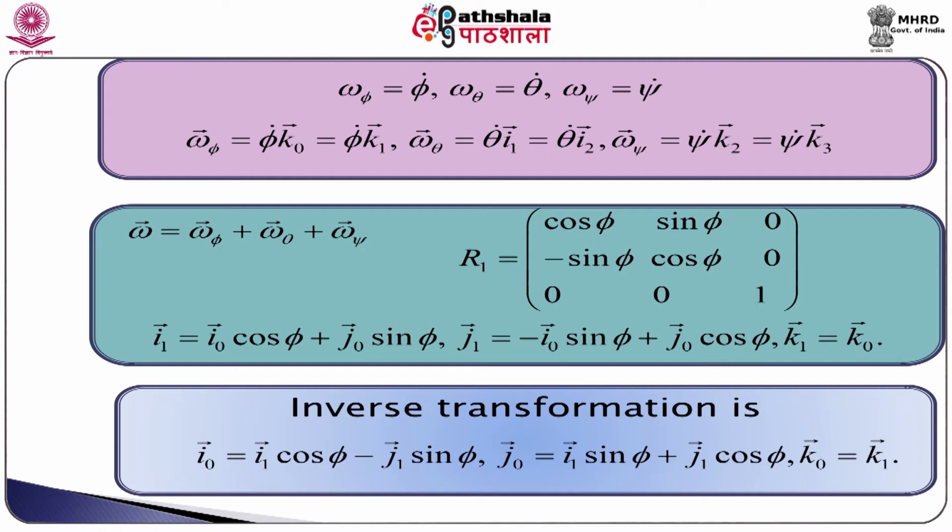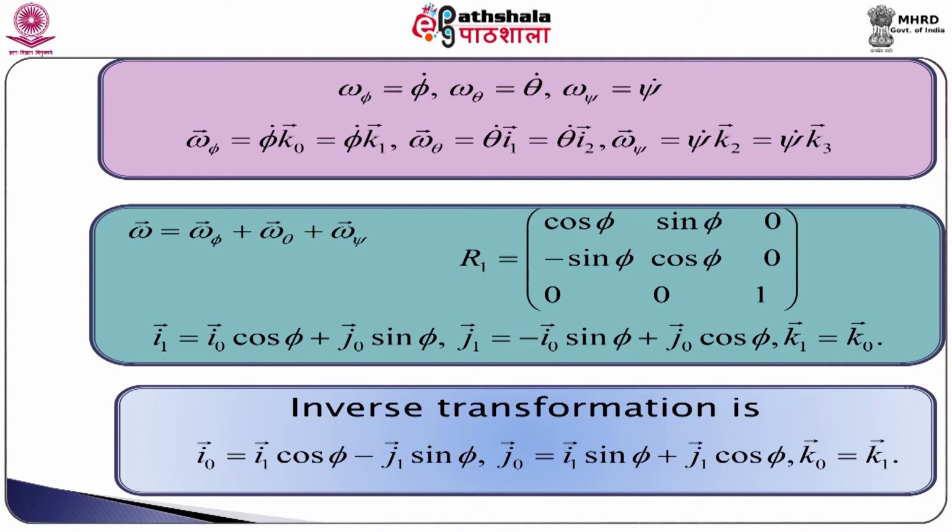This angular velocity can be considered as consisting of three successive rotations with angular velocities omega_phi equal to phi dot, omega_theta equal to theta dot, omega_psi equal to psi dot, where omega vector_phi equal to phi dot k0 vector, which can be written as phi dot k1 vector, since the z axis remains the same in the first transformation.